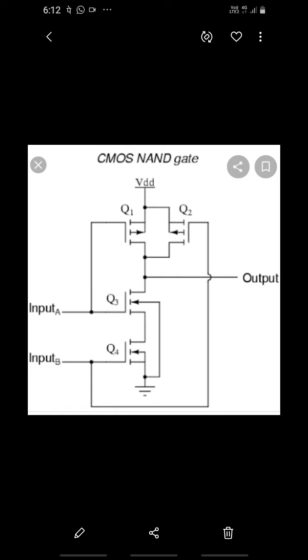And here the characteristics of the CMOS gate. Operating speed is slower than the TTL series. Fan out: the CMOS logic has a high fan out because of their high input impedance.